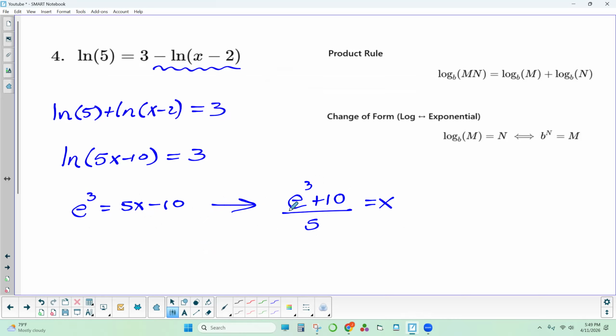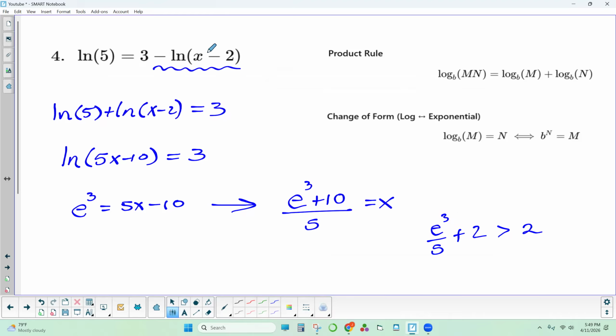Okay, so let's check this. Well, this thing needs to be greater than 2 for this to remain positive, okay? So if we analyze this, e cubed over 5 plus 2, so I just rewrote this as e cubed over 5 plus 2, is this, in fact, greater than 2?